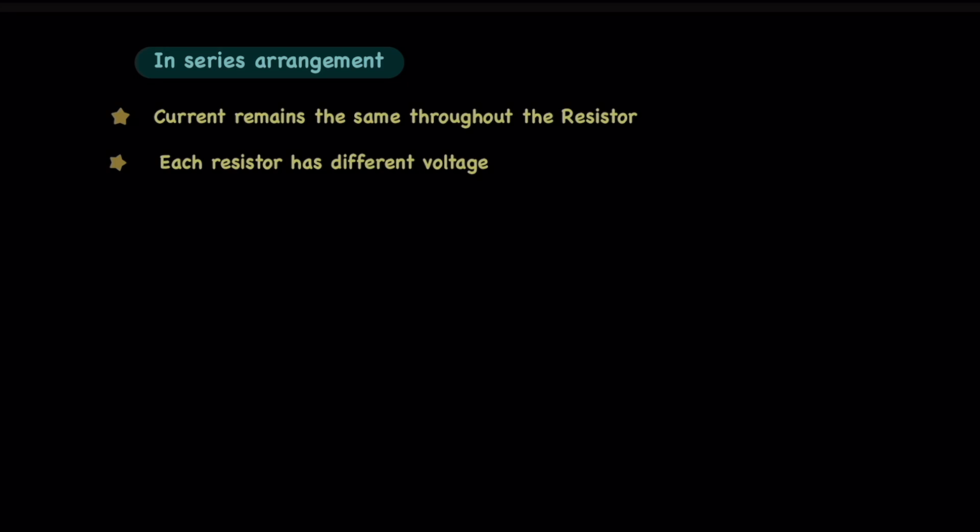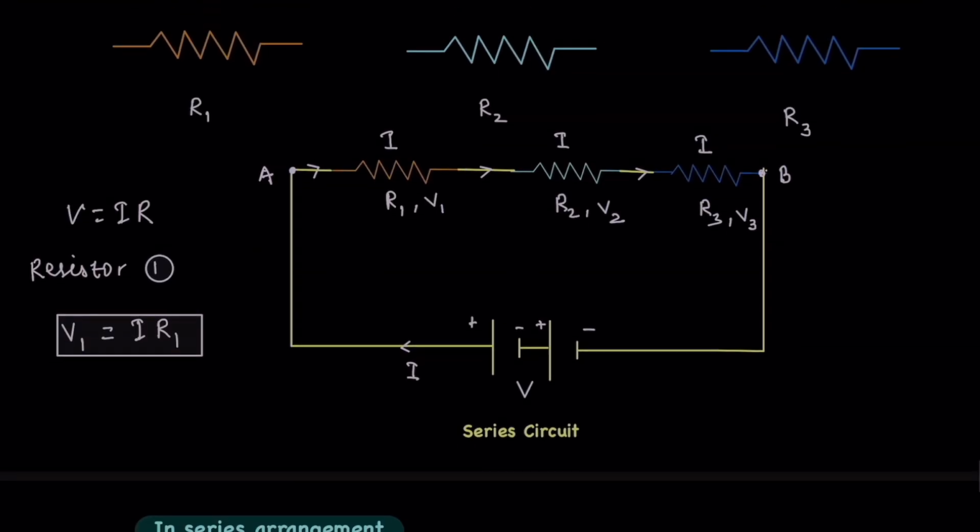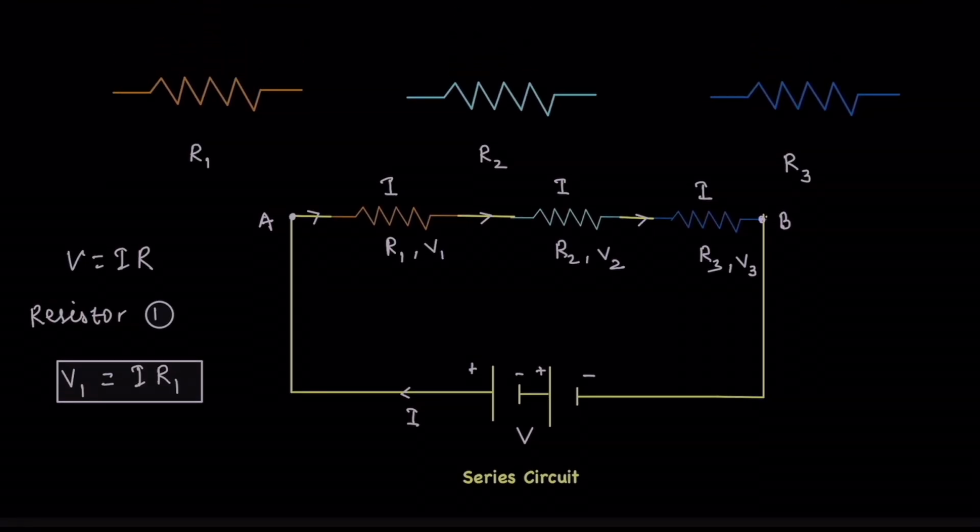Now we will see how the potential difference changes for each of the resistors. So here you see the figure. Total voltage supplied is V, and the resistor R1 will take the voltage V1, R2 will take the voltage V2, and R3 will take the voltage V3. So total voltage, which is V, is equal to the sum of individual voltages.